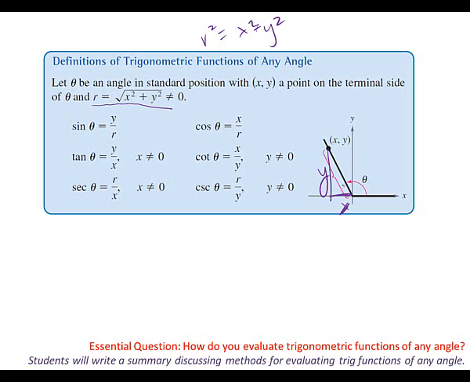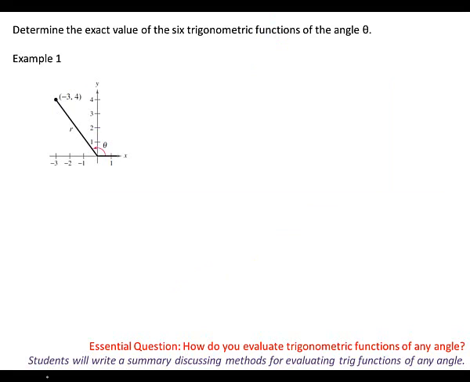The theta we would be looking at would be our reference angle theta, okay? Because, well, we'll see why in a few minutes. Alright, so we're going to determine the exact value of the 6 trig functions of the angle. So what we're going to do is go ahead and draw a triangle in there.